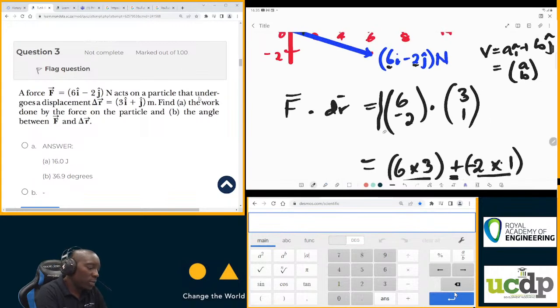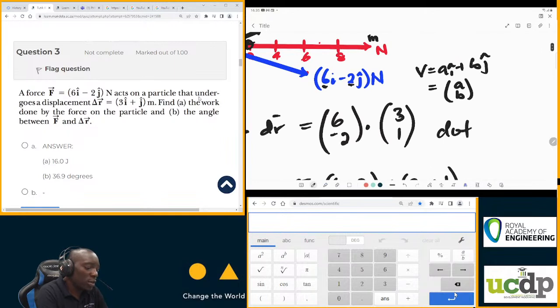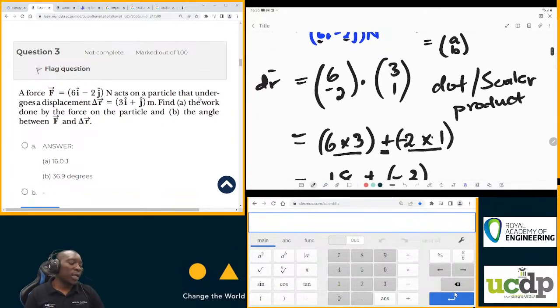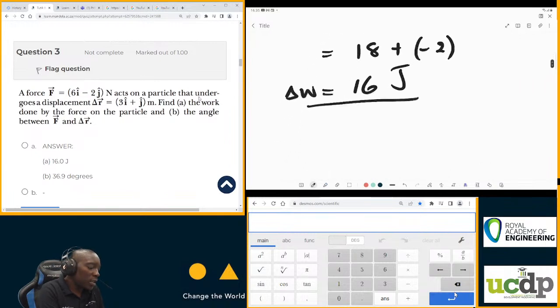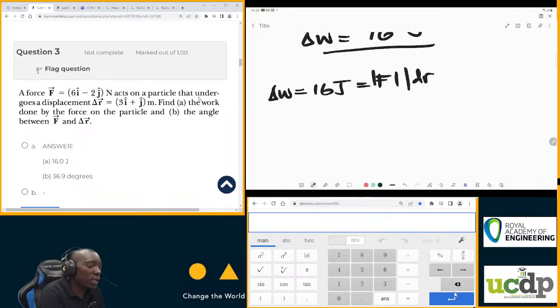This is just what we call the dot or scalar product. We multiply the respective x and y components and add their products. So delta W, which is equal to 16 joules, is equal to magnitude of F, magnitude of dr, cos theta.